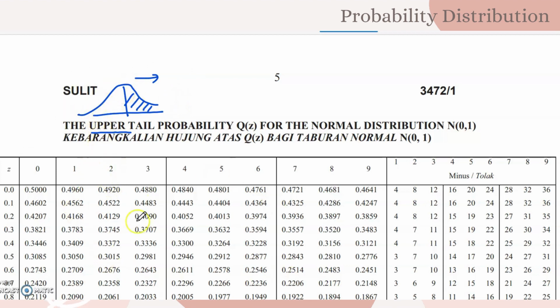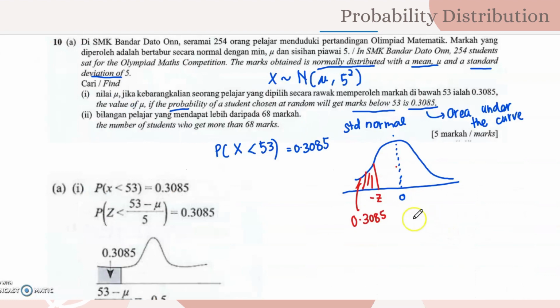So for this table we only read the upper tail, which is the positive part. For the negative part, we refer to the positive part, because it is equal to the positive part, in order to find the standard score.